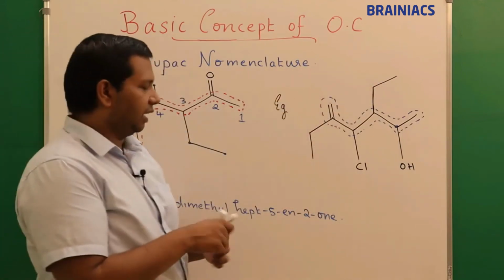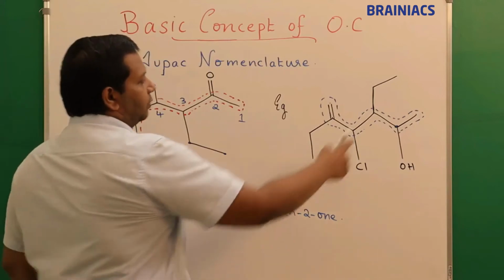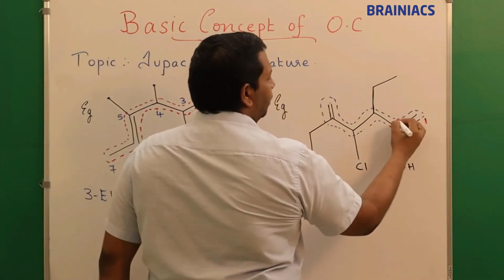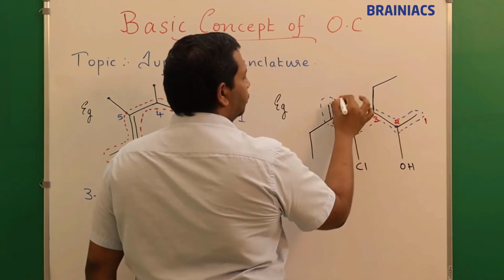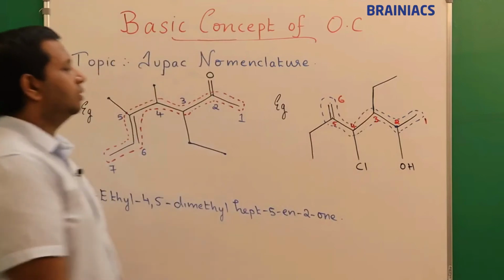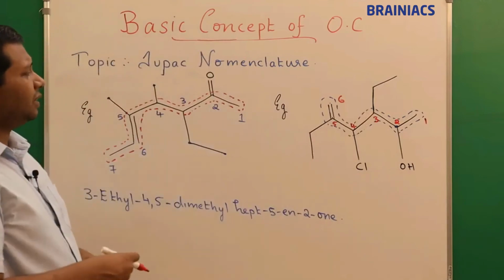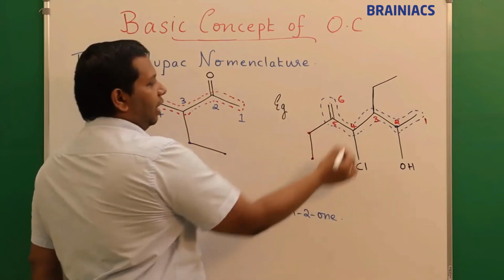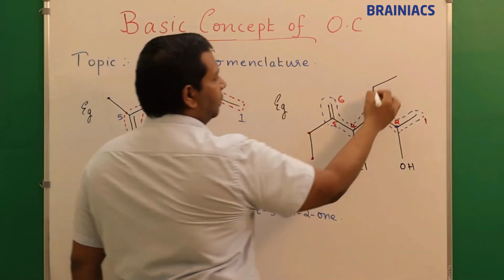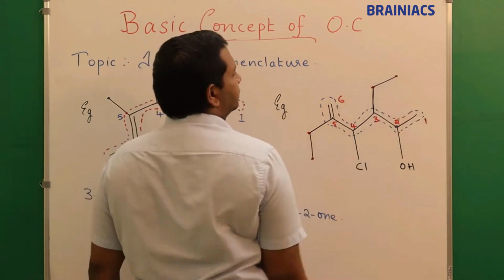Now numbering, again it is easy. The functional group should get the lowest number. So this should be 1, this 2, this 3, this 4, this 5 and this 6. Correct. Now substituents: at the 5th position you can see an ethyl group. At the 4th position chloro is present. At the 3rd position there is an ethyl group present.